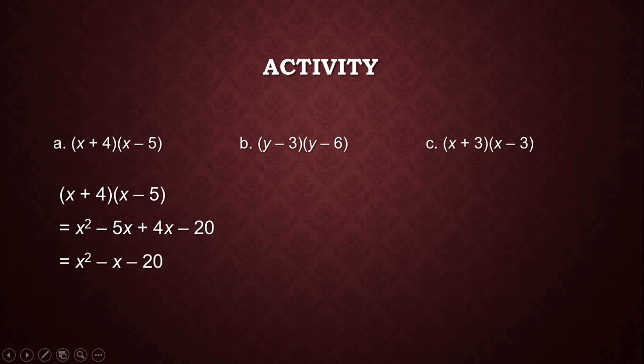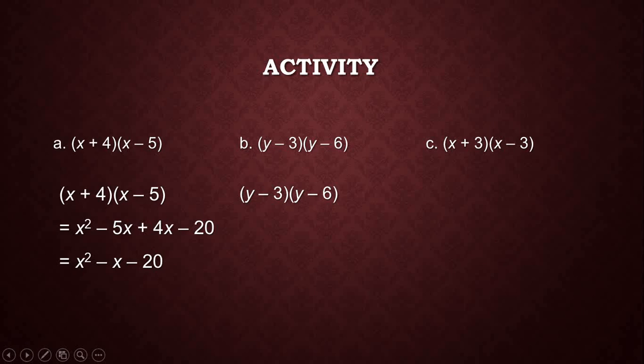The same procedure with this, except now we're using y's. Y multiplied by y gives you y squared, and then this y multiplied by negative 6 gives you a negative 6y. Negative 3 multiplied by y gives you a negative 3y.